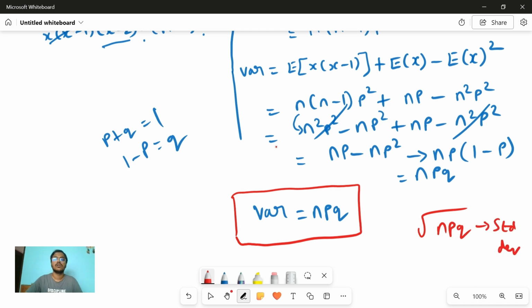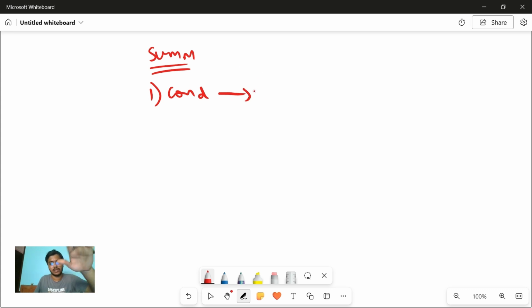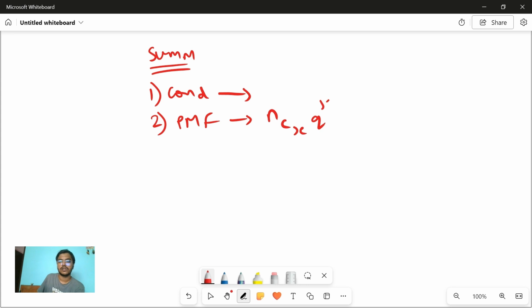So understood? I will just revise it once. Let's say it's a summary. The conditions I told you, all the 4 conditions, refer to them on the above page. And the PMF I told: nCx p power x, q power n minus x.